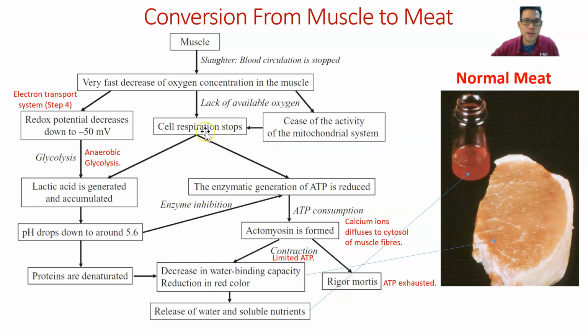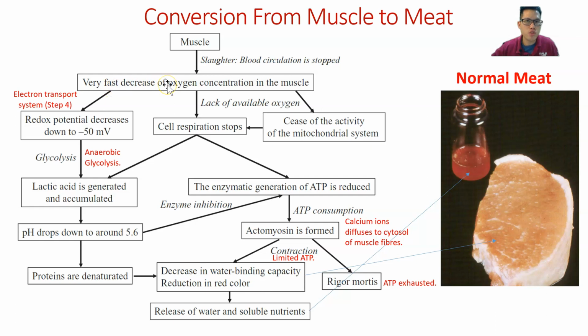Then the enzymatic generation of ATP is reduced, because, as I mentioned, during anaerobic glycolysis every glucose molecule will only generate 2 ATP. Before I go down, let's go over here.